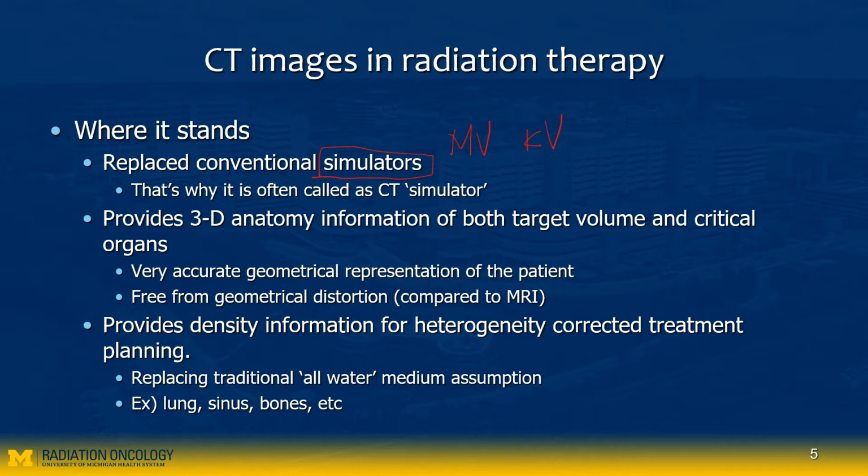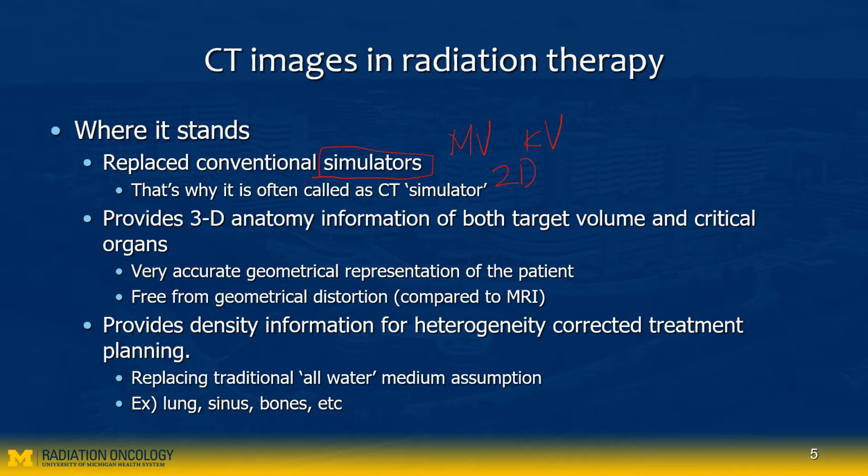Then instead of an MV imaging panel, we have a kilovoltage imaging panel. So you would place a patient just like we do in the setup, and then you can set your gantry angle, you can set your collimator angle and size, and so forth. That's how we used to do it in 2D simulation.